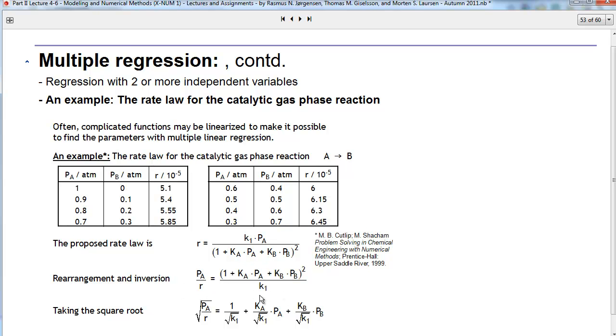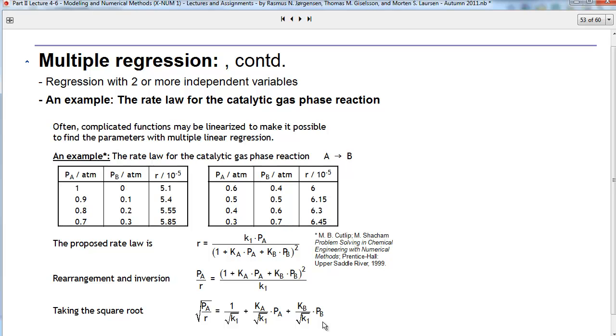And now it seems easier to handle. If you then take the square root, you will end up with this relation. So now you can see, if you have this as y, with this transformation, you have b, or the intercept, and then you have PA and PB.